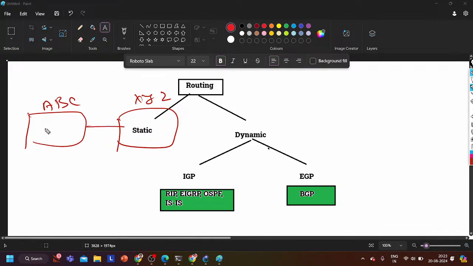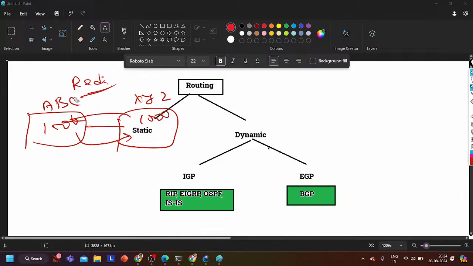In ABC company I have 1000 prefixes. In XYZ again I have 1000 prefixes. Out of these, if we need to advertise only 5 prefixes from ABC to XYZ and from XYZ to ABC, in that scenario only you can use redistribution. Not everywhere.